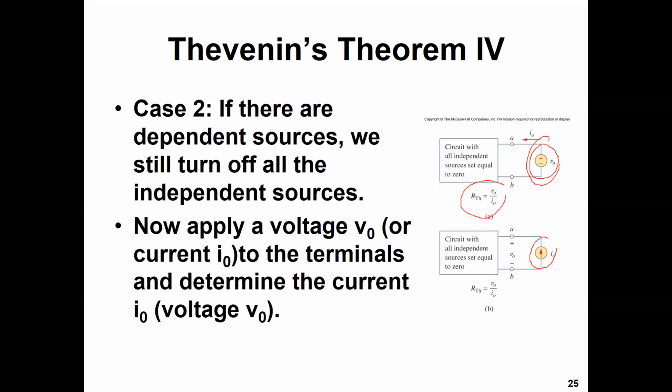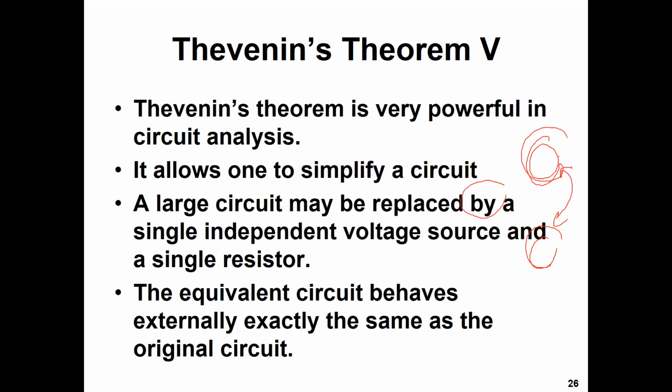So either way, we use V0 or we use I0 in order to determine the R Thevenin. Now again, we are only going to focus on case one, where there are no dependent sources.